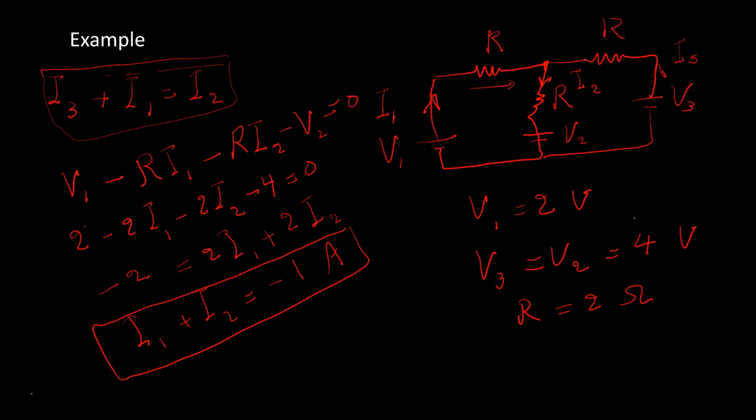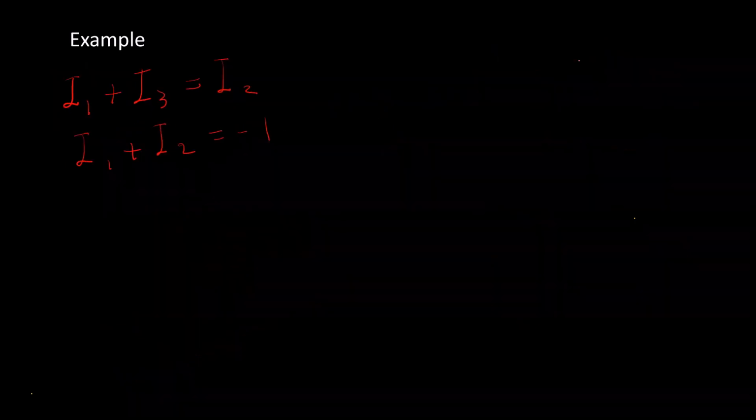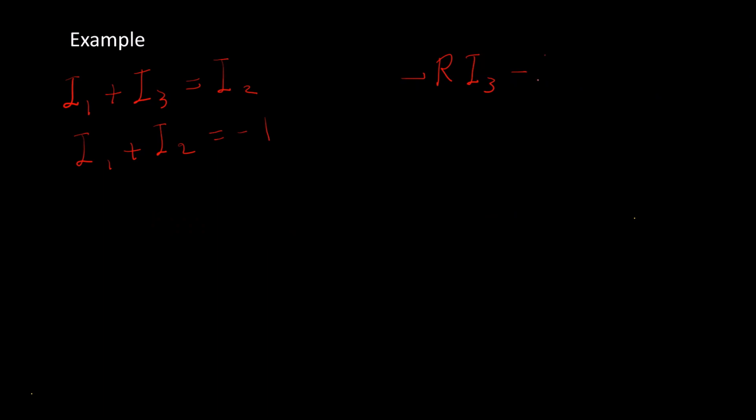So we have negative R I3, negative R I2 equal to 0.